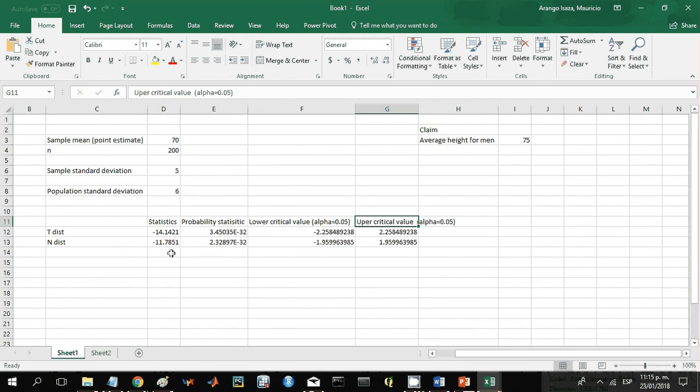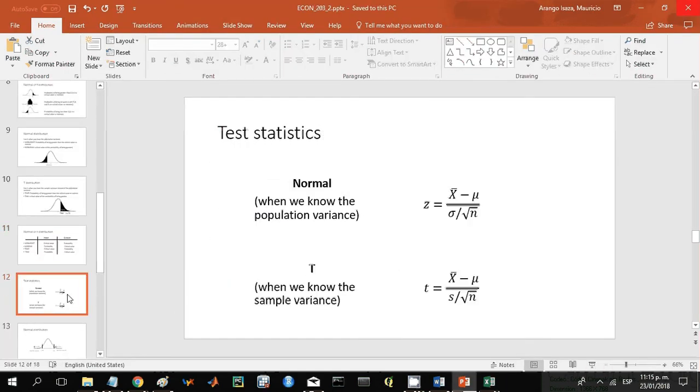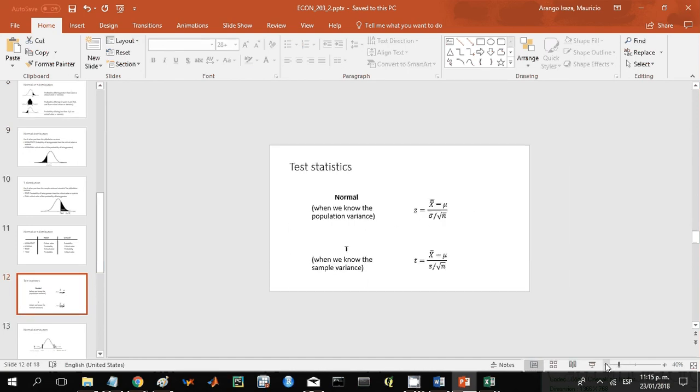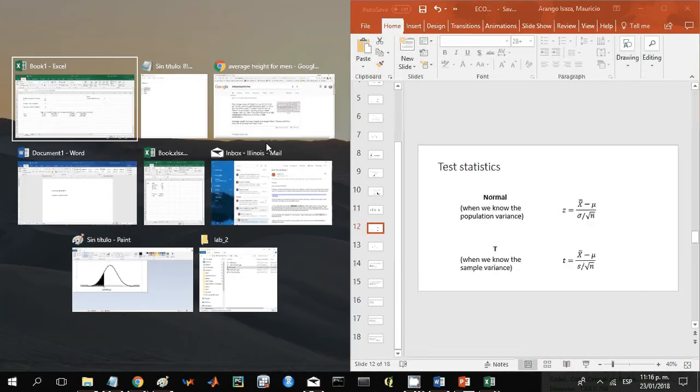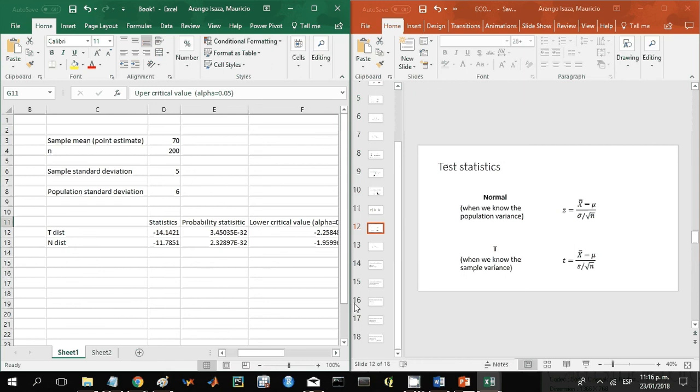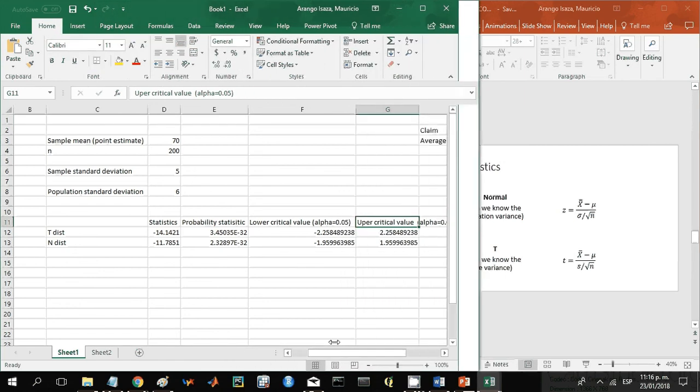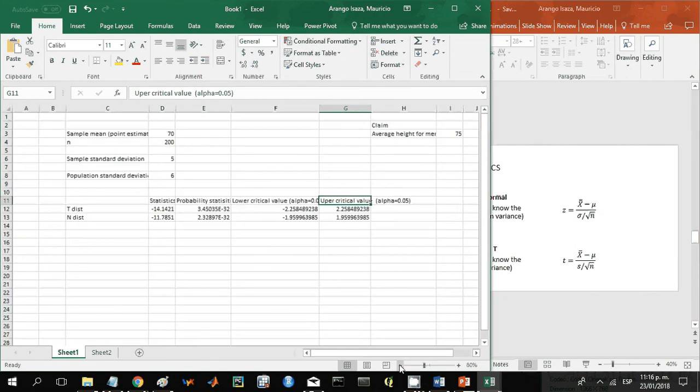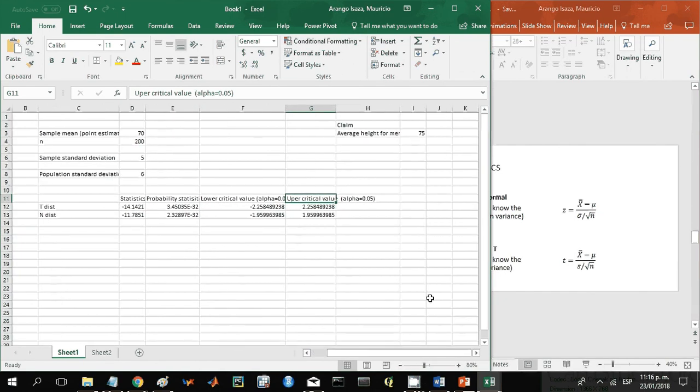And the way to do that is using those formulas in here. So the thing you have to do is just from your point estimate, subtract the claim you're trying to prove, that in this case is going to be that the mean equals 75, and then divided by the standard deviation divided by the square root of the population.